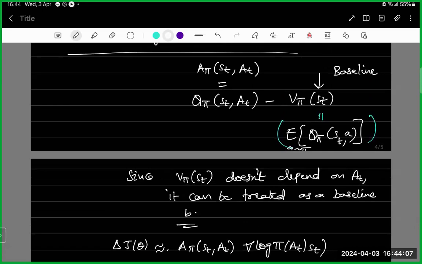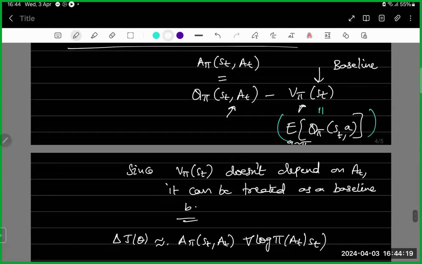One is the policy network, which has the parameters theta, and you can also maintain a Q function, let's say it has weights W, and keep an estimate of what Q pi is. If you want, you can maintain one more function approximation for V pi, which will have some other set of weights. You keep learning a good estimate for Q pi and for V pi, and based on that, you calculate what A pi is and use that here.